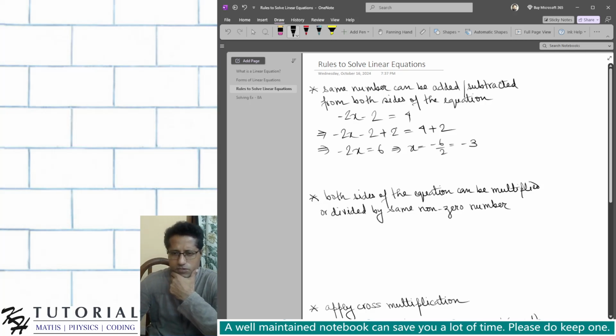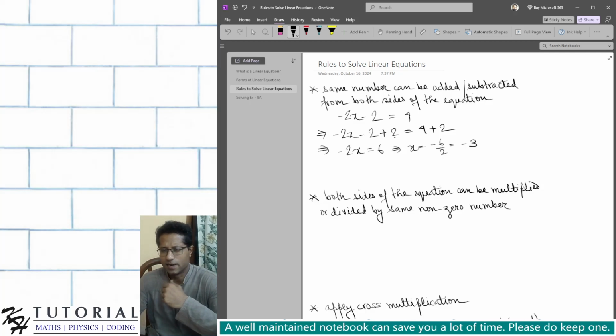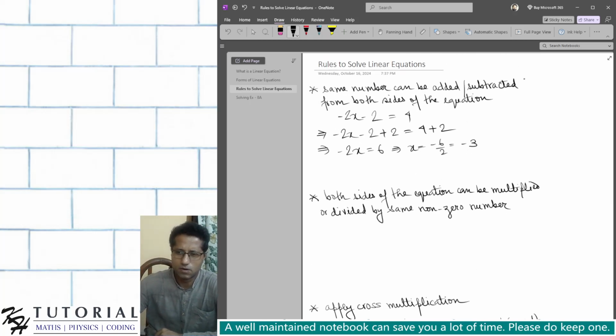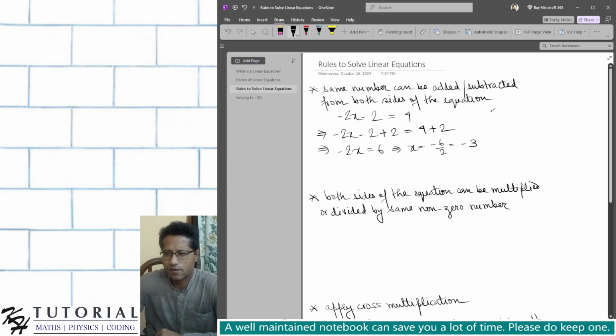So from the given equation, I added 2 on both sides, to both the LHS and the RHS. I can also subtract the same number from both sides. Like if I have 4x plus 1 is equal to 6, this equation will remain the same if I subtract 1 from both sides.